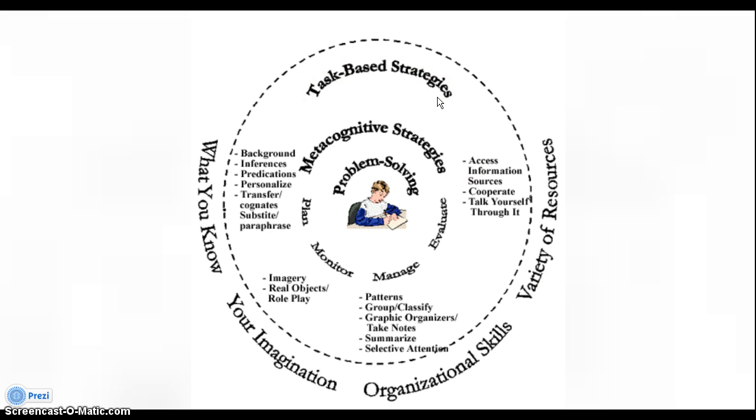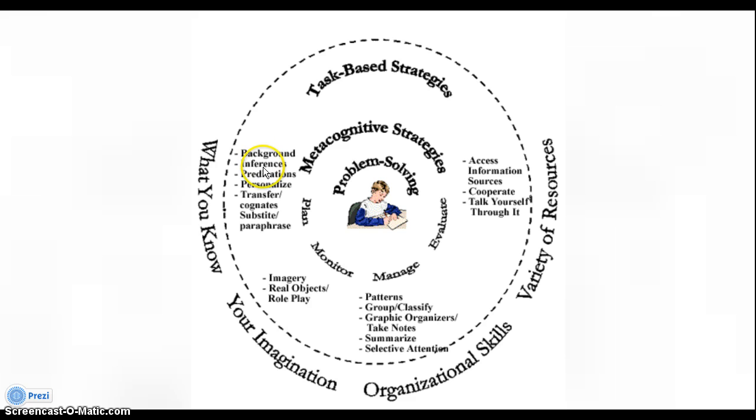So in other words, there'll be some strategies that are good for reading, some that are good for math, and some that are good for both. When we talk about metacognitive strategies, we're talking about learning, knowing about knowing. When we talk about metacognition, we're talking about planning and monitoring and managing and evaluating our own behavior so that we can problem solve. So what do I know?